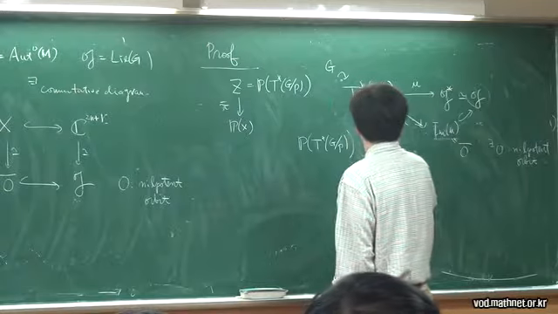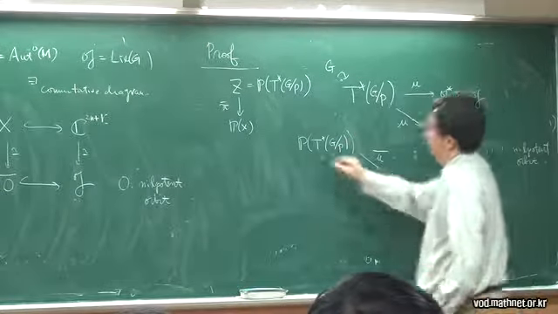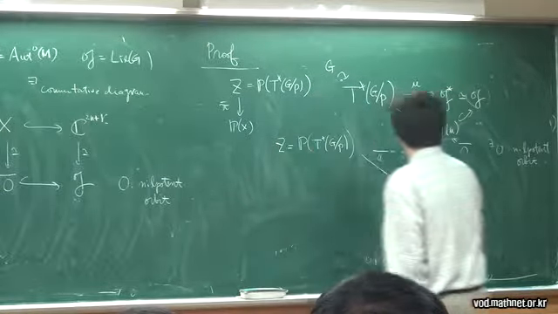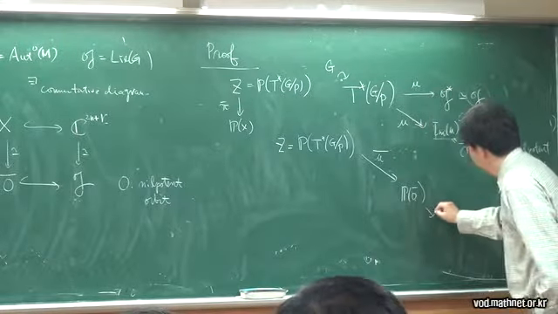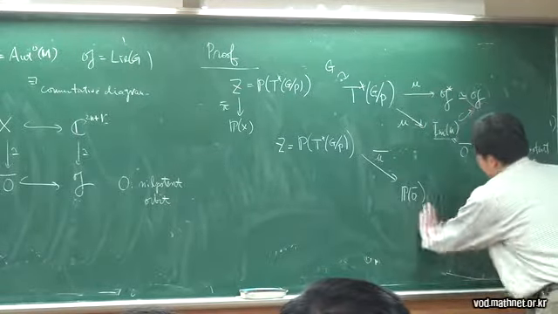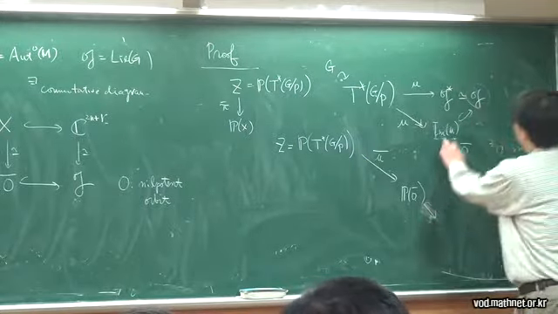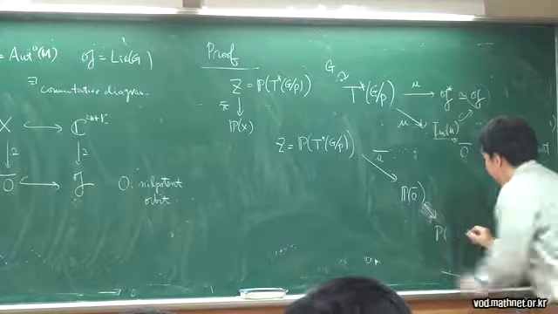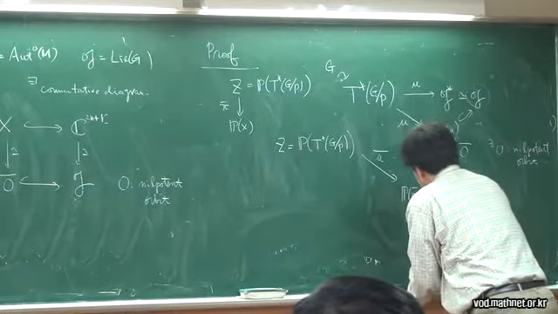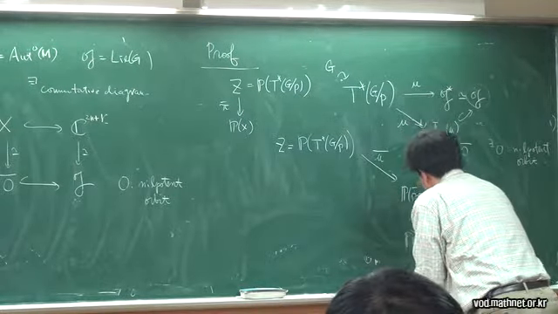Then we have a map. We projectivize, and this is Z, and this is P O bar, and of course it is embedded in P g.